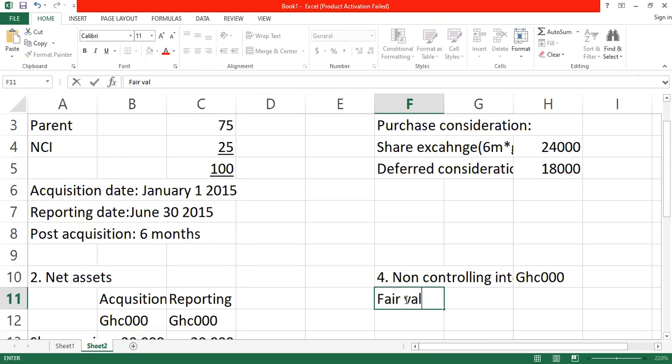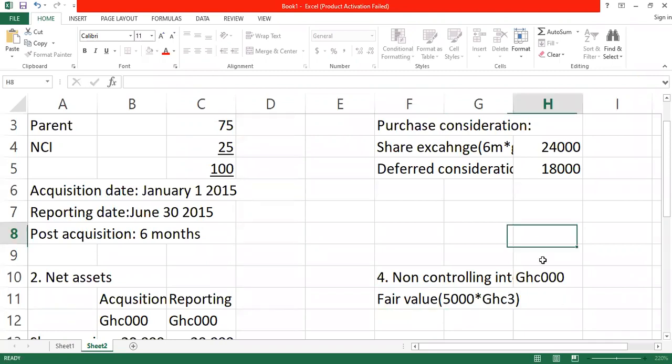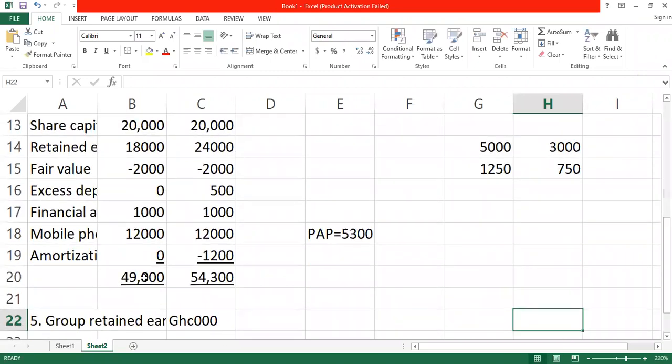One share is 3 cedis. So the number of shares is 5,000 shares times 3 cedis. How much is that? 15,000.